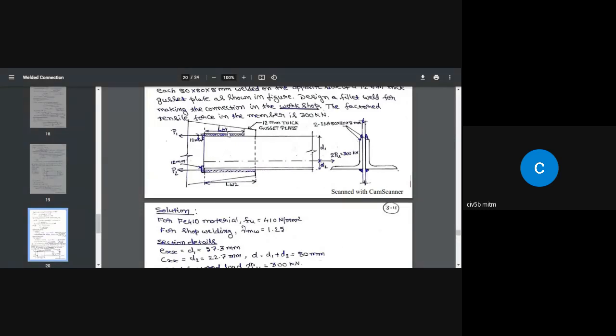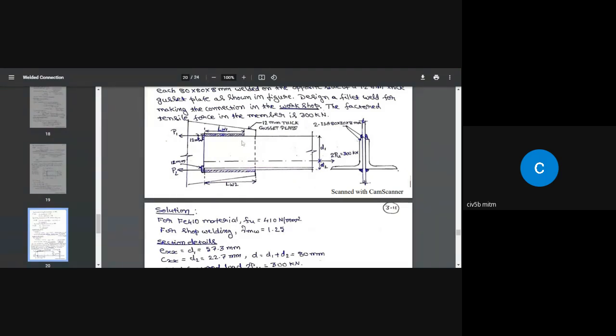So for that 150 kilonewton, we need to provide the welds along the edges in two parallel directions. Okay. Then the same thing you repeat on the other side. You don't have to do the calculation, but you are going to provide the same weld on the other side of the gusset plate. Okay.